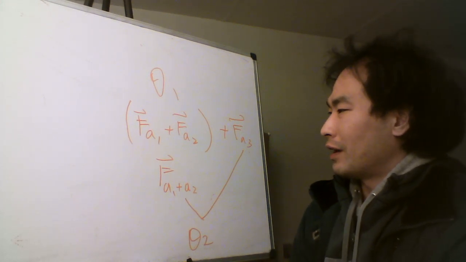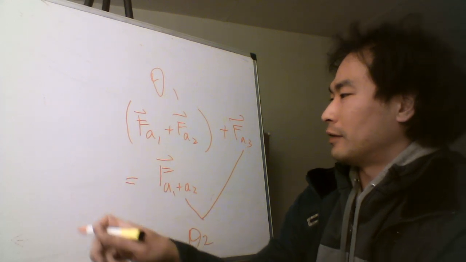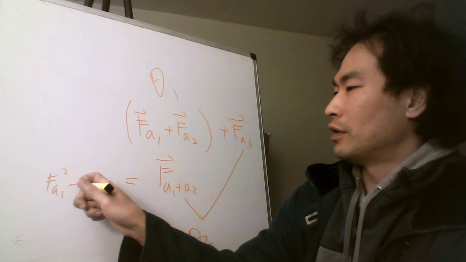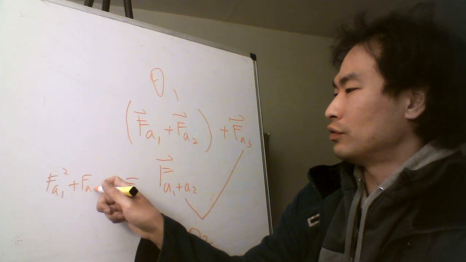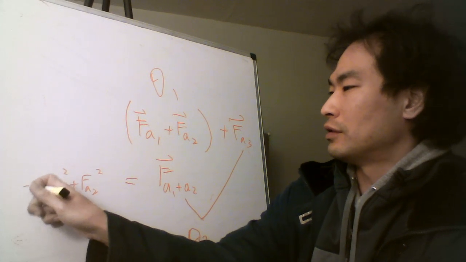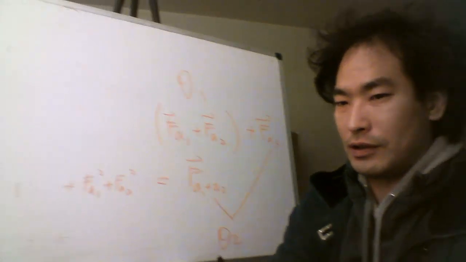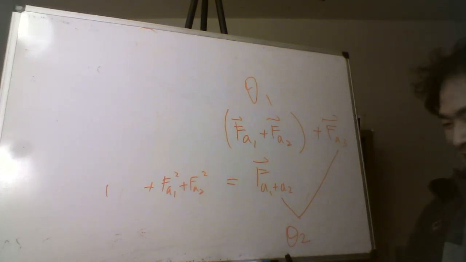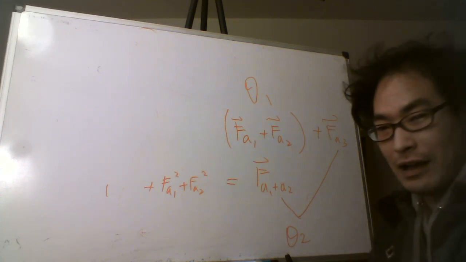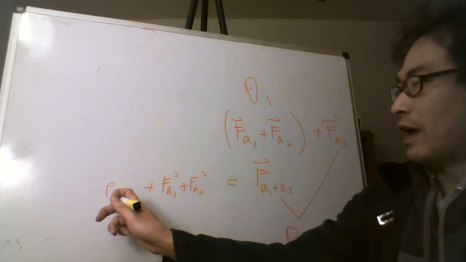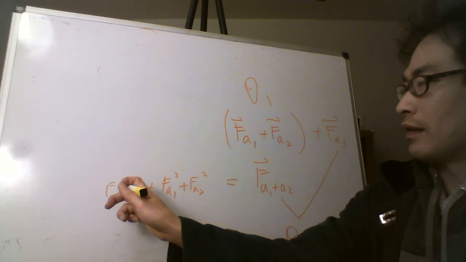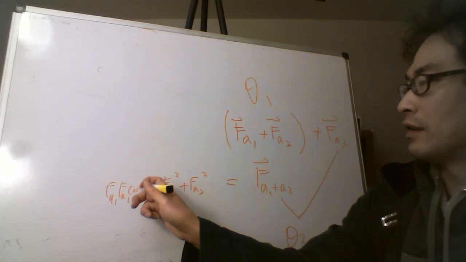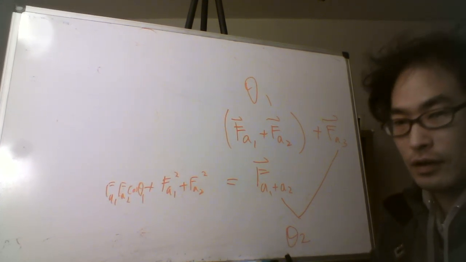Let's spell it out, okay? So this guy is equal to F A1 squared plus F A2 squared plus, sorry, two times F A1, F A2 cosine theta 1, right?